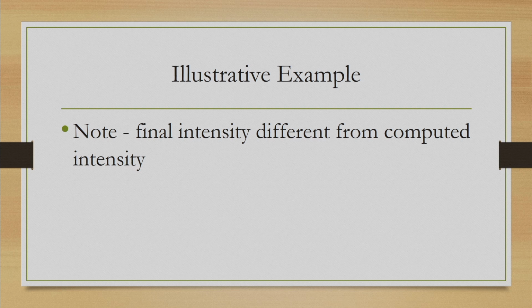Here you may note that the final intensity value that we represented and stored in the frame buffer is different from the actual value computed using the light model because of the mapping. So, it means that there is some error, there will always be some error.